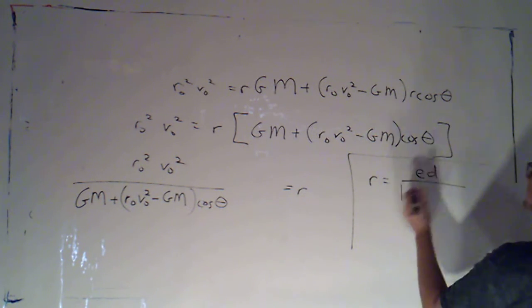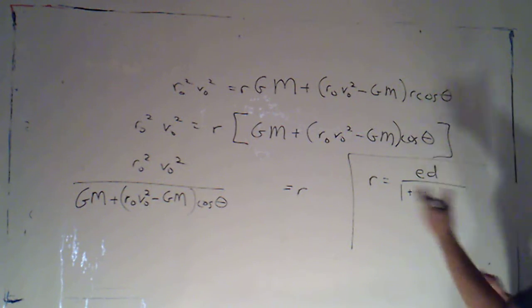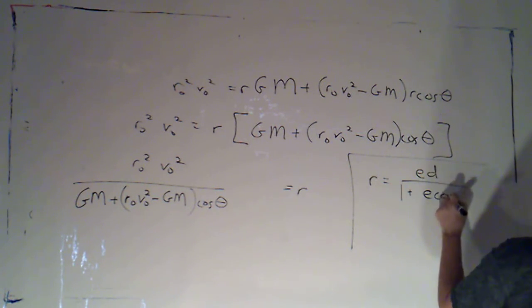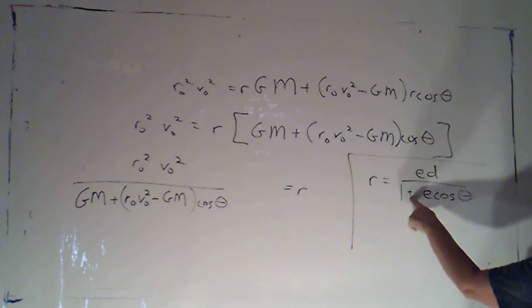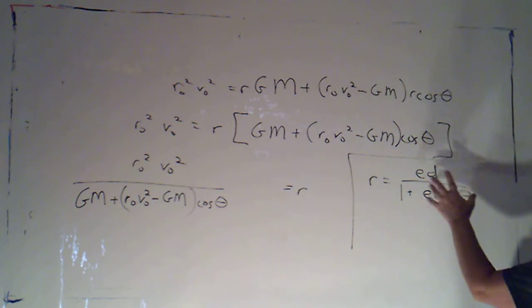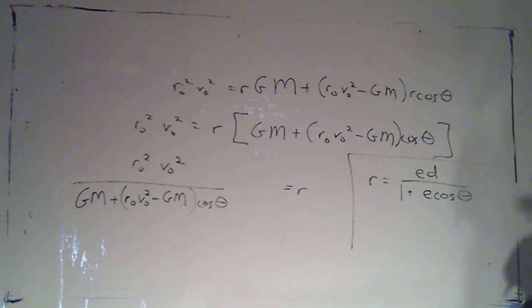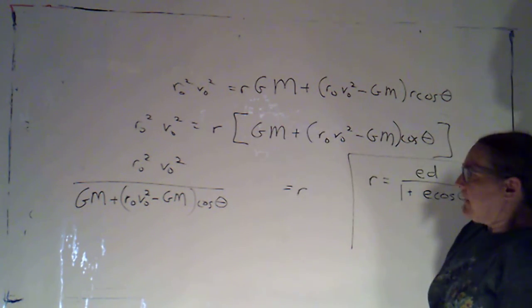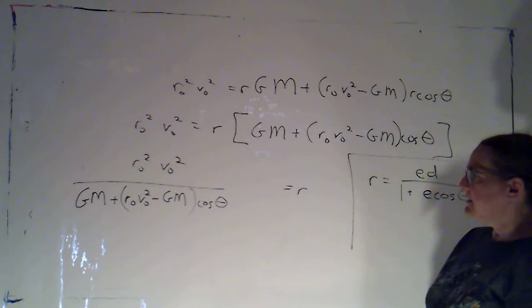And I said it could be plus or minus. In this case, we're going to be getting a plus e times cosine theta. If this plus were a minus, and if this cosine were a sine instead, that would also give me a conic section. But this is the version that we're running a good chance of actually getting.